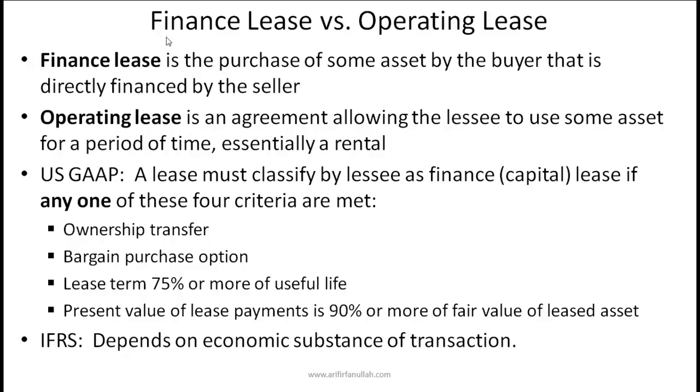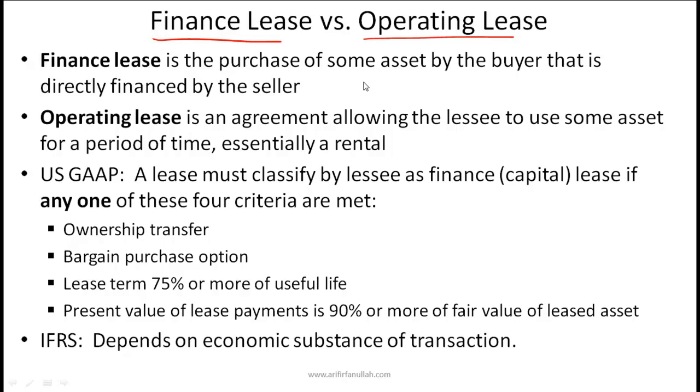Now, as I mentioned earlier, there are two kinds of leases from an accounting perspective: finance lease versus operating lease. Or actually, it would be more appropriate to say that there are two ways to account for a lease. One way of accounting would be referred to as finance, and the other operating. So in a finance lease, essentially the finance lease is the purchase of some asset by the buyer that is directly financed by the seller.